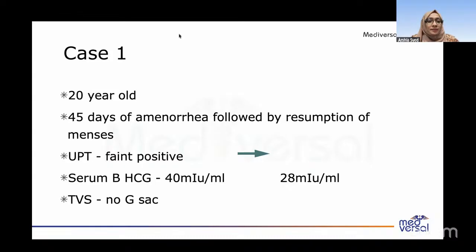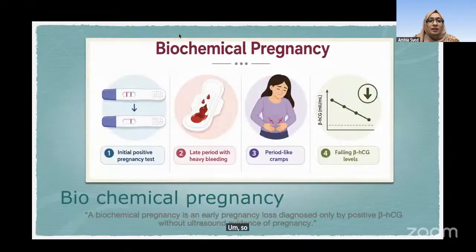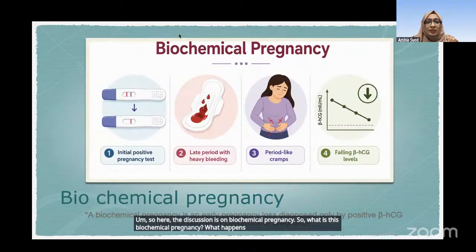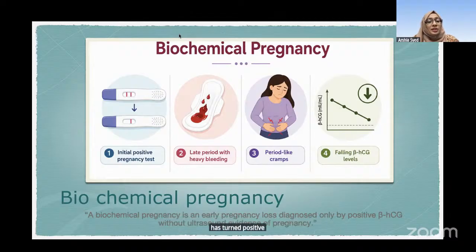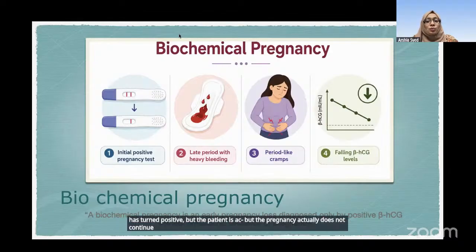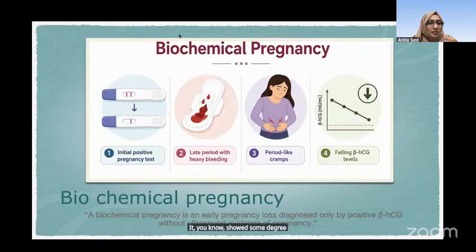Fine. So here the discussion is on biochemical pregnancy. So what is this biochemical pregnancy? Biochemical in the sense of the chemical, that means the beta HCG, has turned positive, but the pregnancy actually does not continue. There was no gestational sac formed. The beta HCG, though it showed some degree of positivity, started declining very fast.